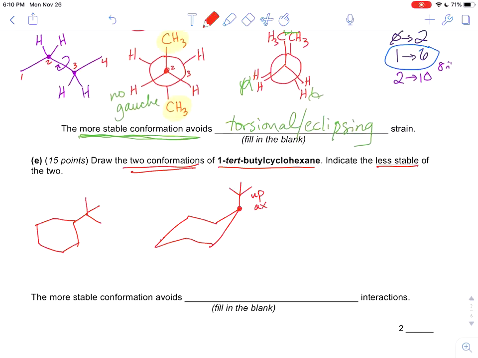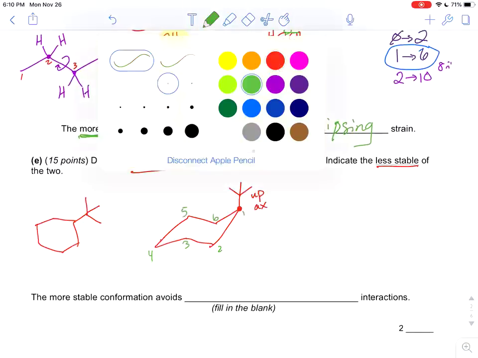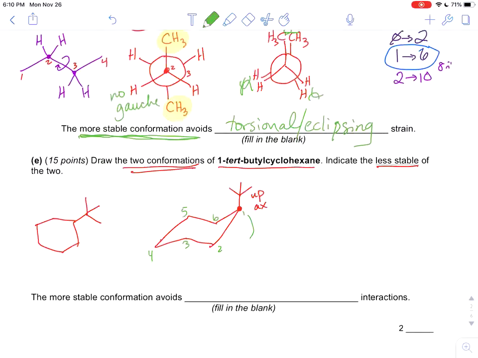In order to actually do a proper ring flip, just as a quick little reference point, I'll number them all, so you can see what actually happens in the ring flip. We're going to flip the head of the chair down and flip the ottoman up. That is going to make the other type of chair, right?